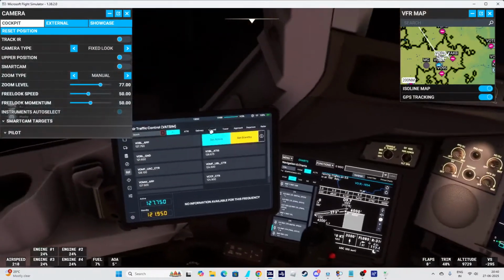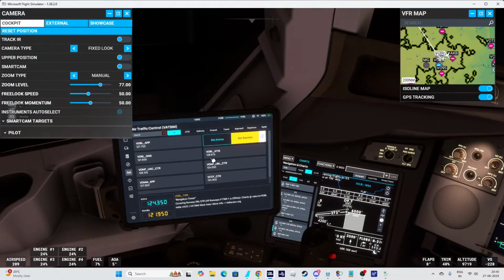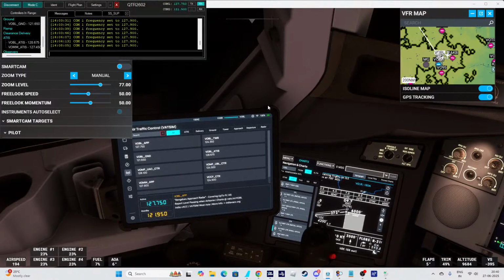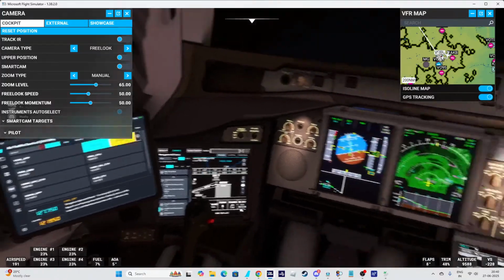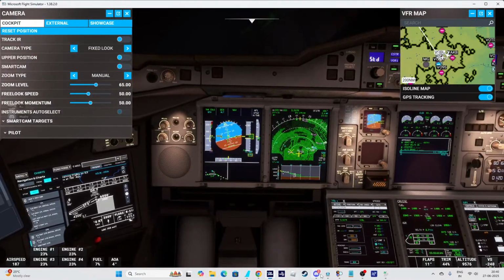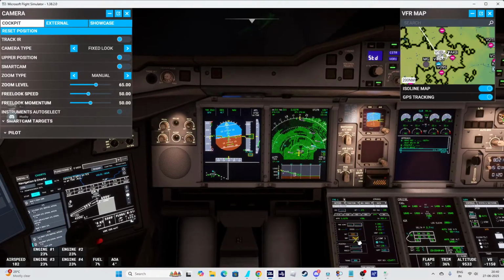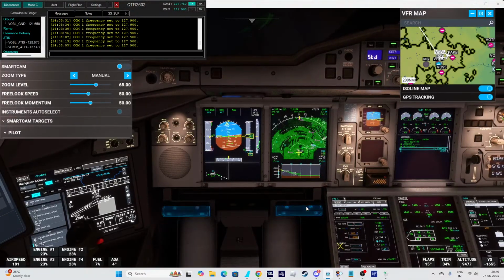Bangalore approach, Namaskaram. Vistara 747, taxi right hotel, contact ground 121.650, bye bye. 121.650, goodbye. Qatari 2602, speed 180 knots. Sorry, could you repeat?